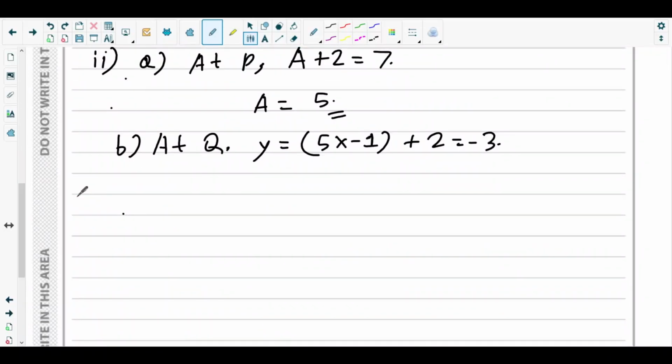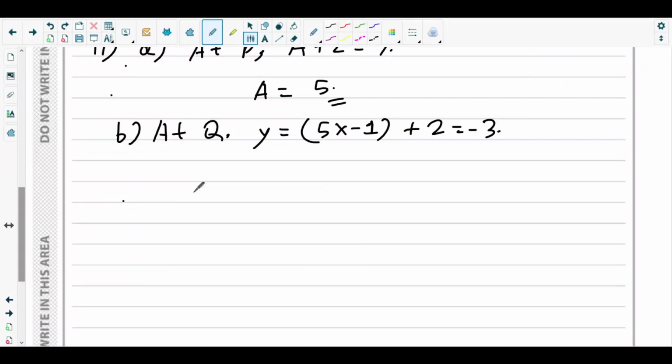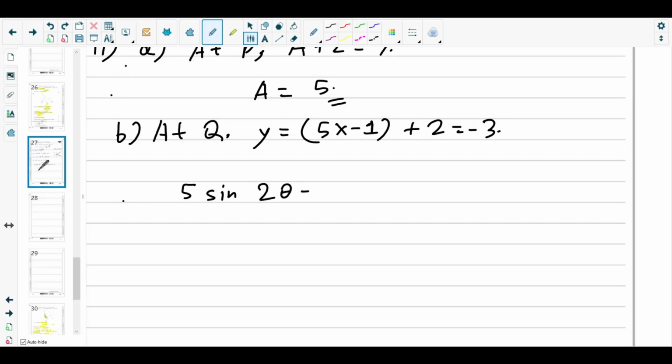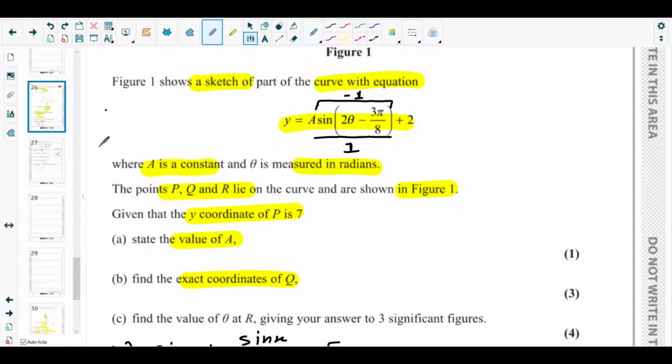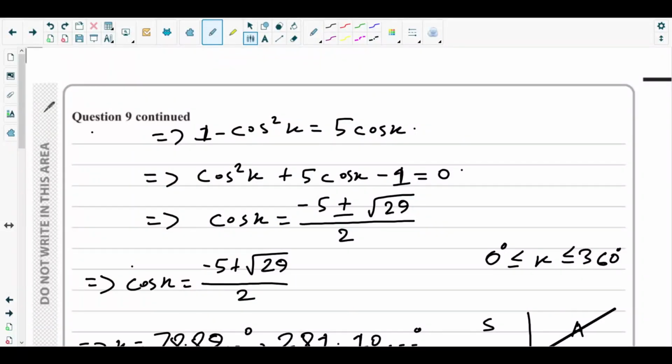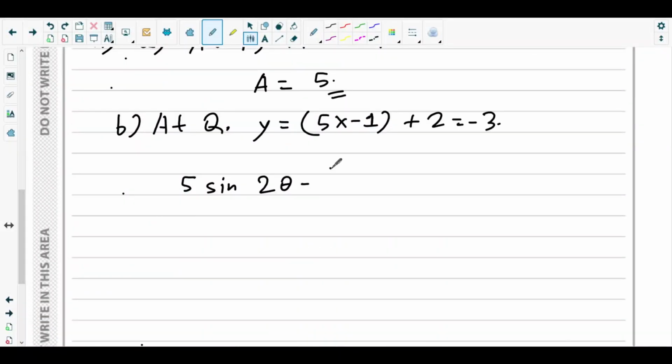Now equate this. So 5 sin(2θ − 3π/8) + 2 equals negative 3.